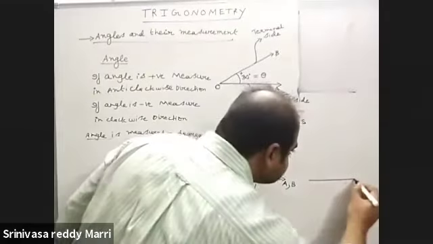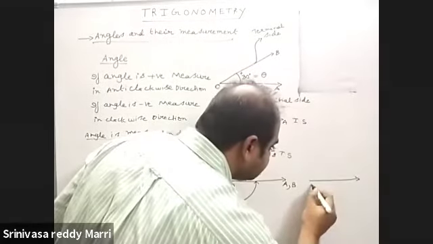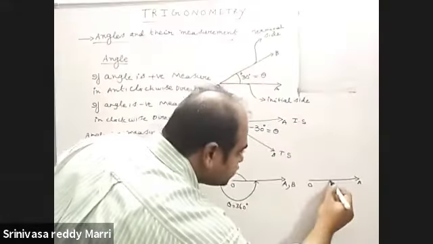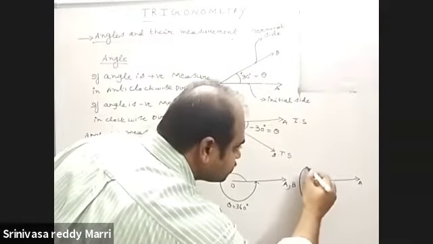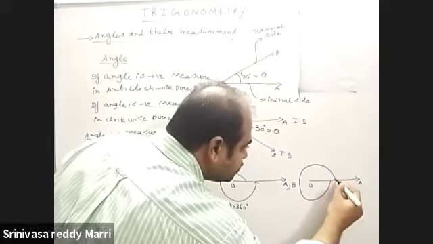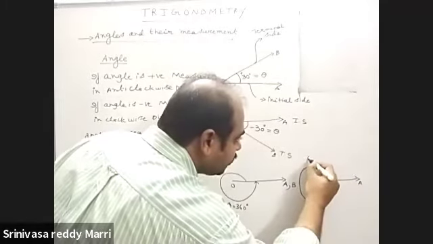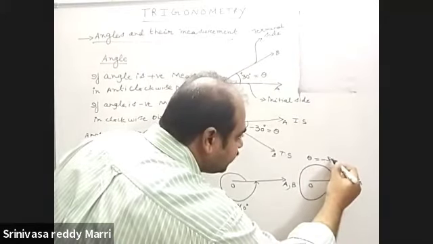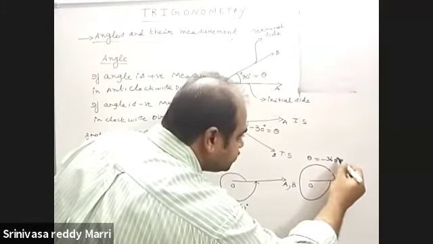Suppose you want to measure the angle minus 360 degree, look at. This is OA and we will measure the angle like this. This is called one complete rotation. We have measured the same angle. This will be considered minus 360 degree.